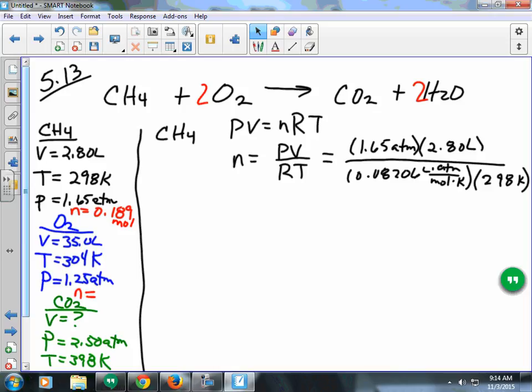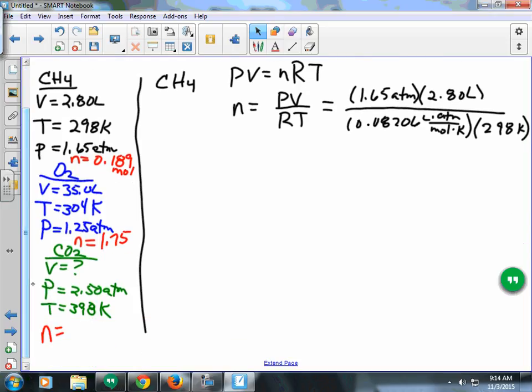So for the limiting reactant, how many moles of oxygen? 1.75. Yep. Okay, so limiting reactant. Remember how we did this before?